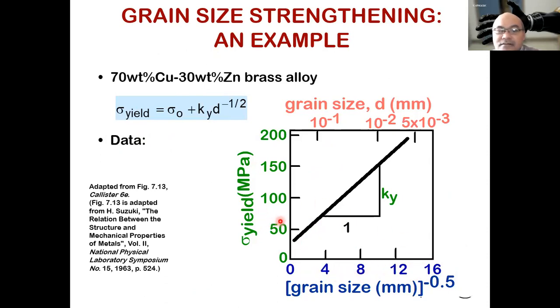Then you will have larger yield strength. You see here, the grain size is made smaller, from 10 to the power of minus 1 to 5 times 10 to the power of minus 3, or 5 micrometers, and the yield strength will increase linearly according to this constant gradient Ky.